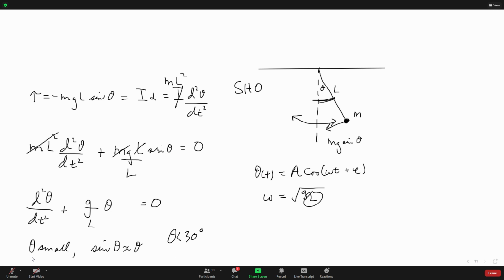Okay. Let's look at a physical pendulum. A physical pendulum is some arbitrarily shaped body that is supported at a pivot point and allowed to oscillate.